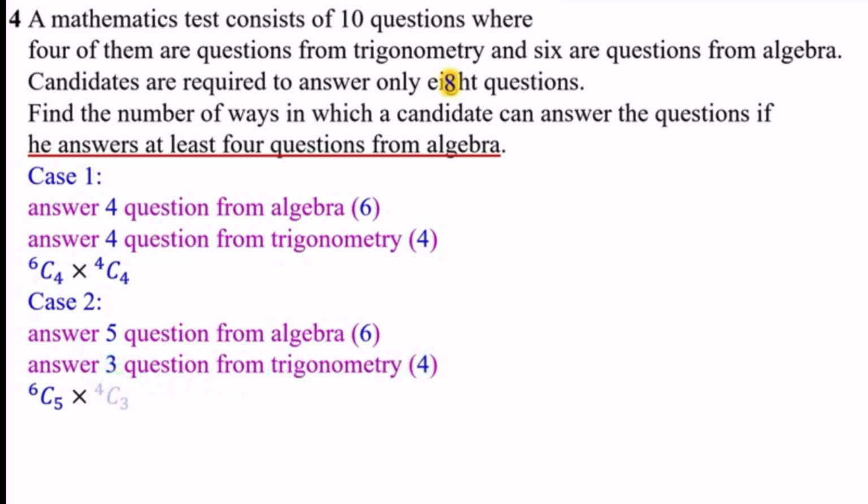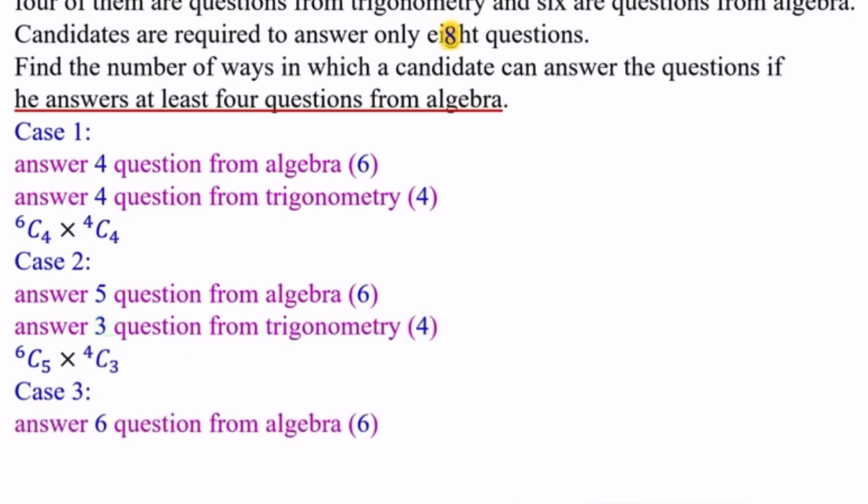So we have different combinations for case 1 and case 2, and we have case 3. In case 3 we choose 6 questions from algebra. That means all are algebra, and 2 questions from trigonometry.